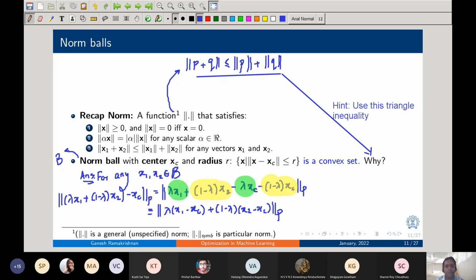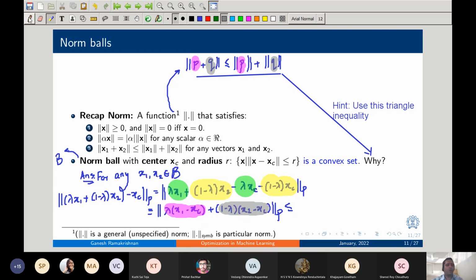Okay, after this, I'll just use my triangle inequality. I'll use P in place of lambda (x1 minus xc), and for the other part, I'll use Q for 1 minus lambda (x2 minus xc).